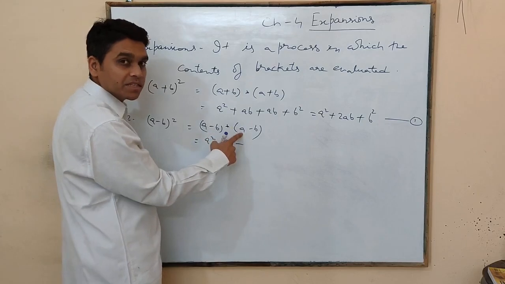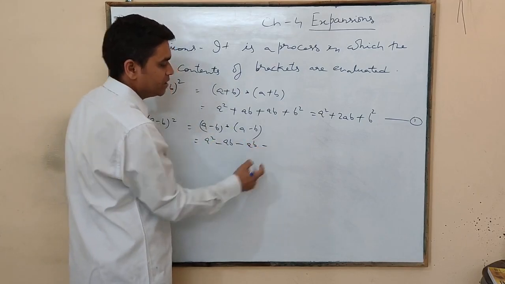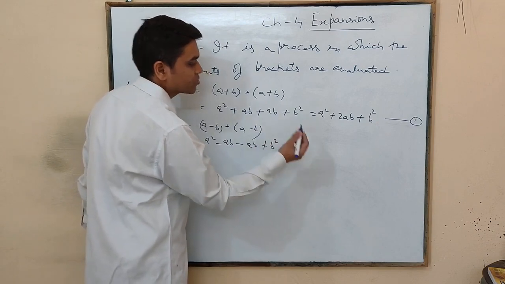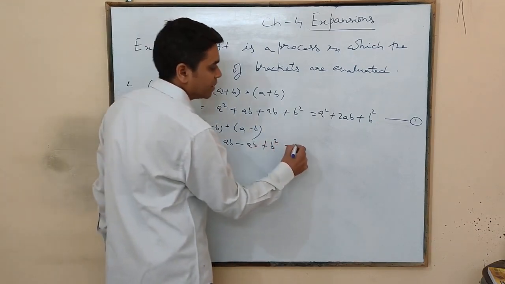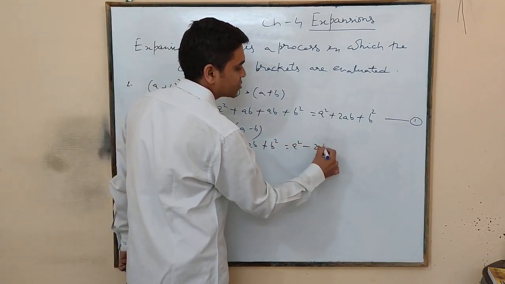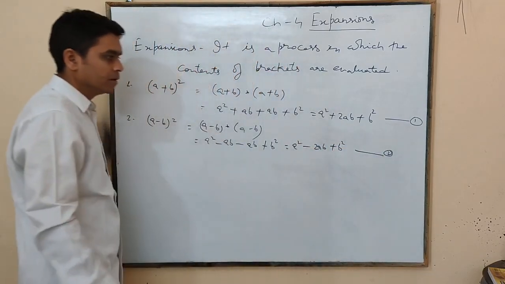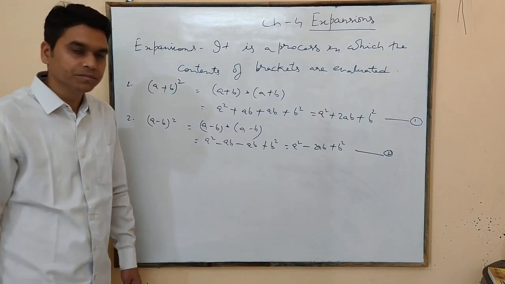Now minus b into a, this is again minus ab. Minus b into minus b, this is plus b square. So this is a square minus 2ab plus b square. This is formula number 2.